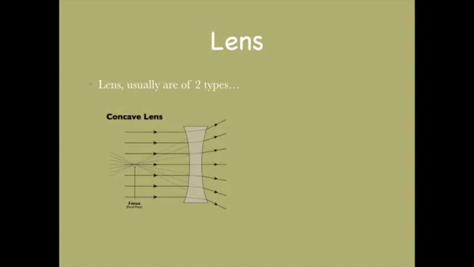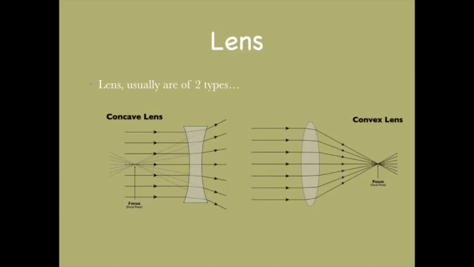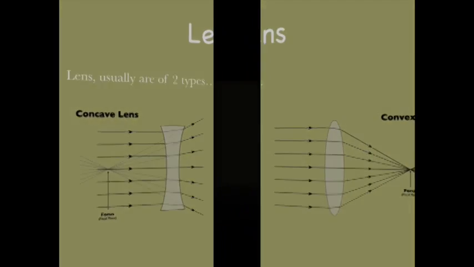In general, lenses are of two types: concave lens and a convex lens. Please note the shape of the lens. It's very, very important. Now coming to the parameters of a lens.